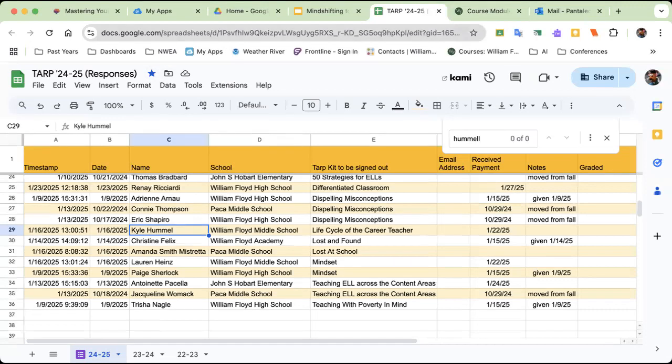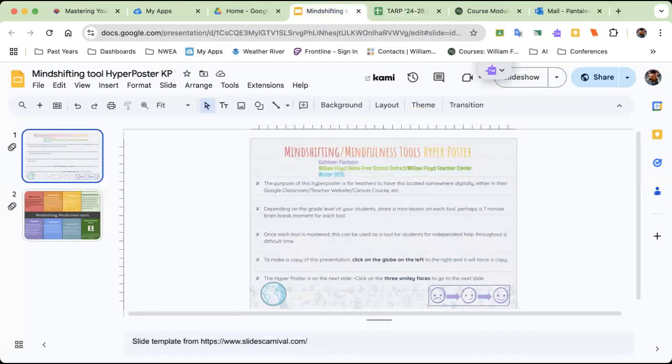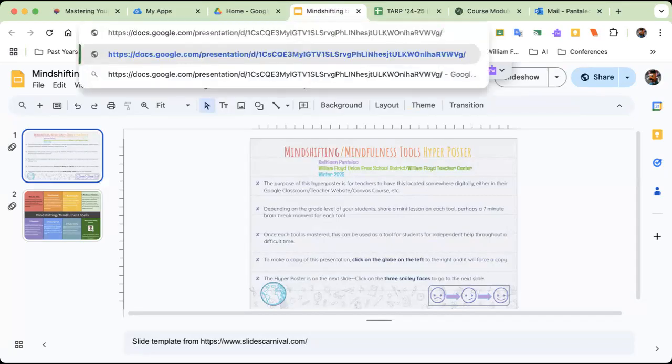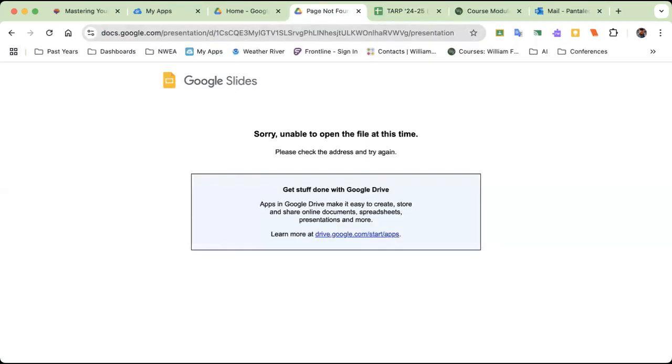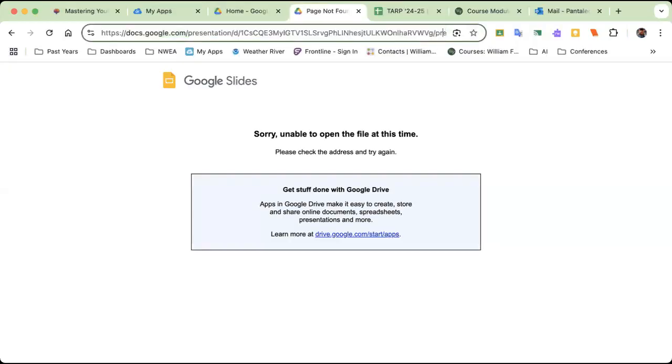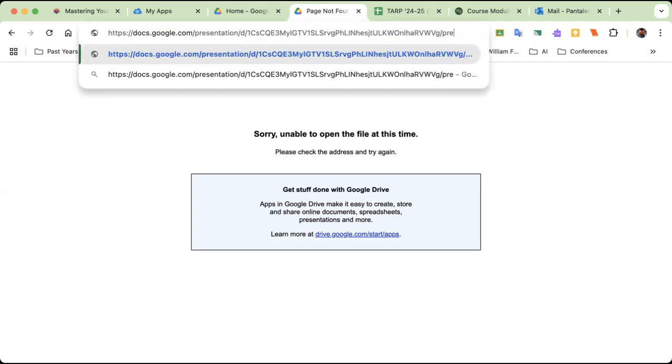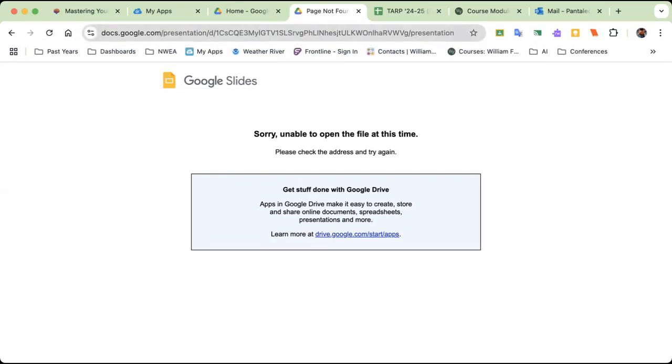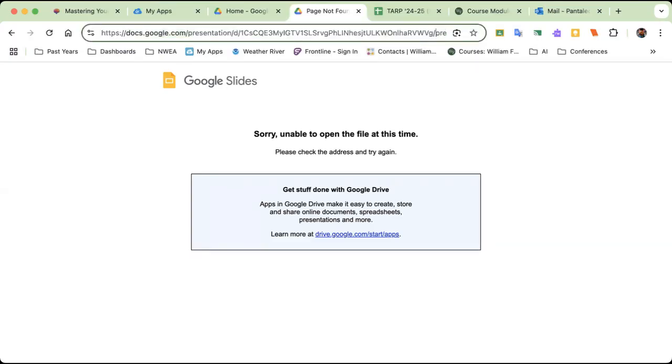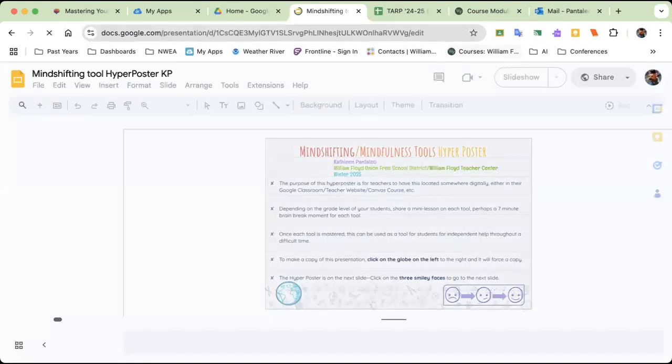So let me just move this out of the way. I don't know if any of you know the dorky things about Google Slides, but if you change the ending to presentation and hit enter, it will show in presentation mode.